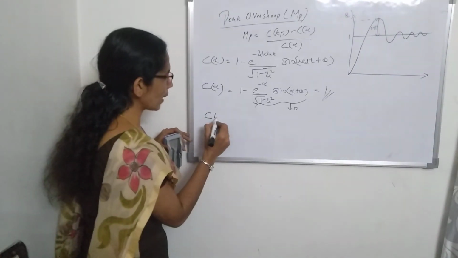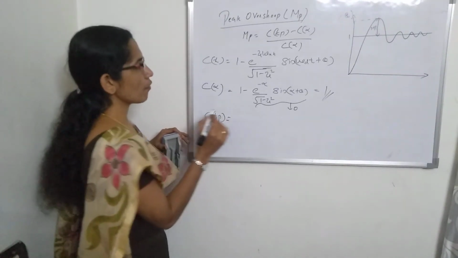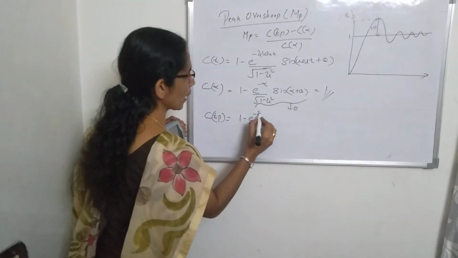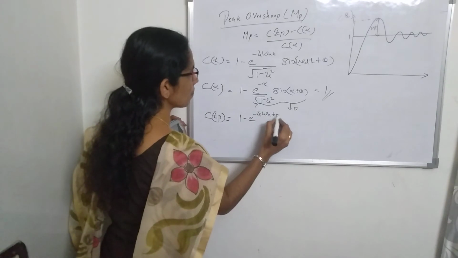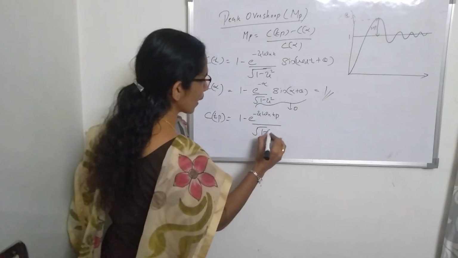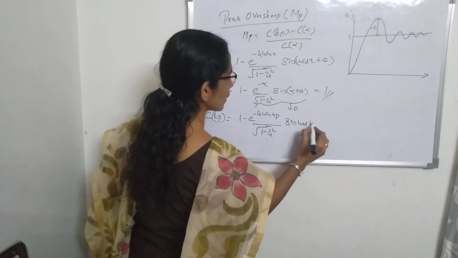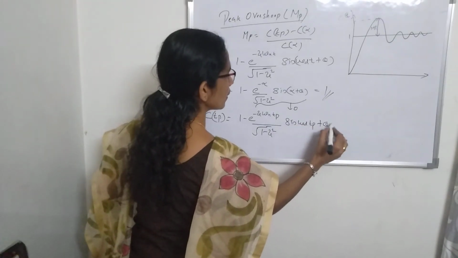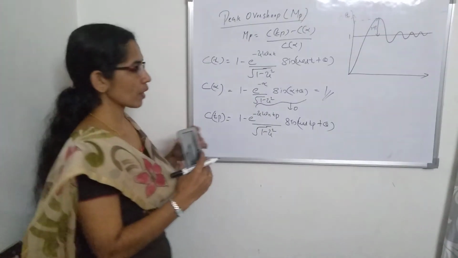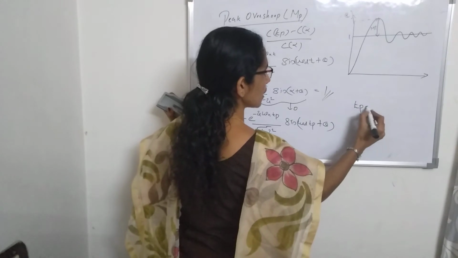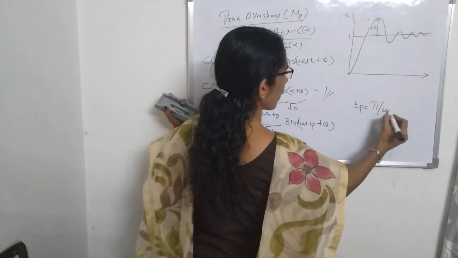Next we are going to find C of Tp. Substitute t equals Tp, that is 1 minus e raised to minus theta omega n Tp divided by root 1 minus theta square into sine omega d Tp plus theta. We know that Tp equals pi by omega d.